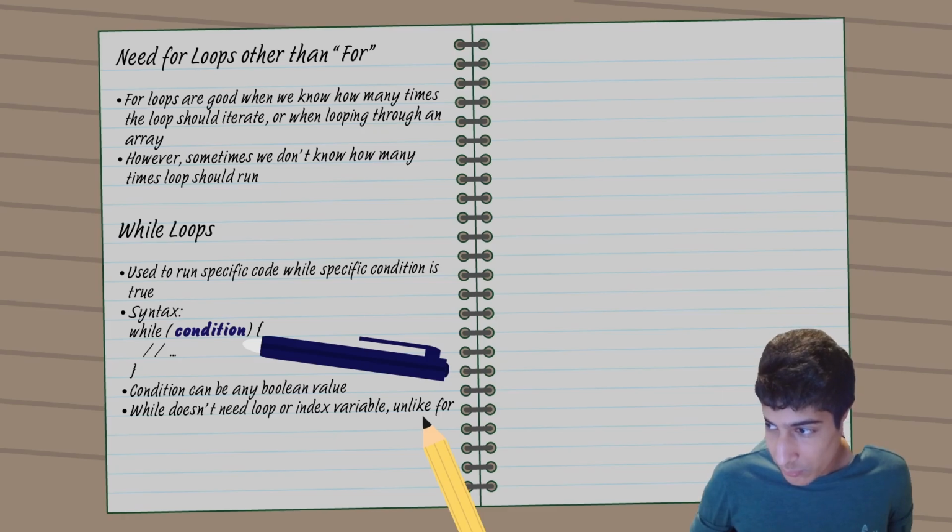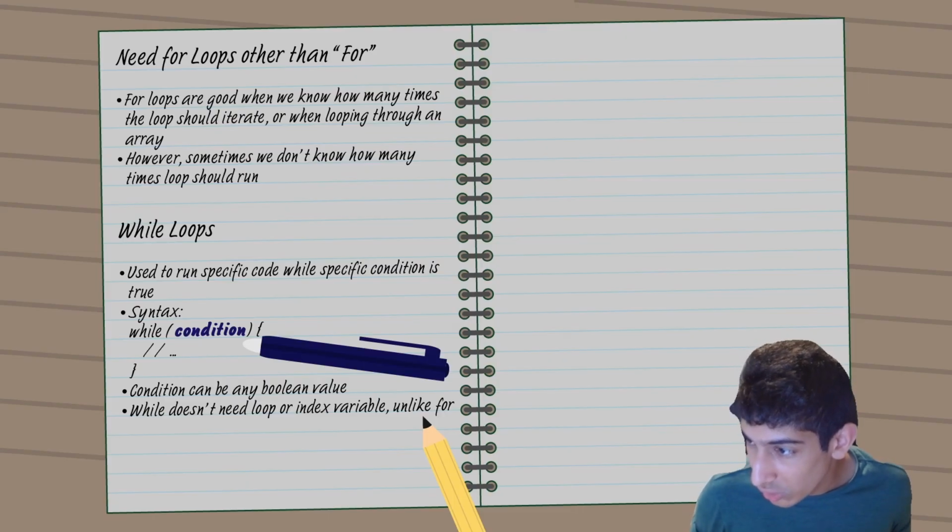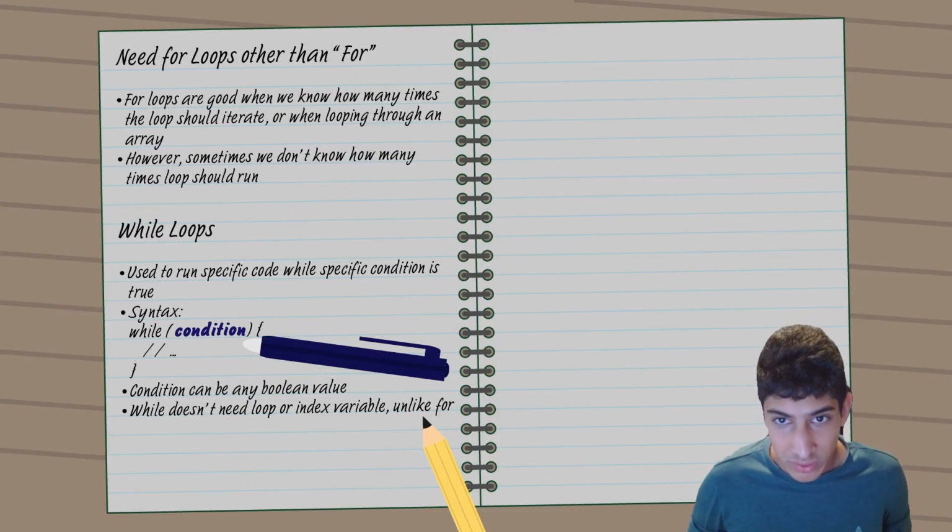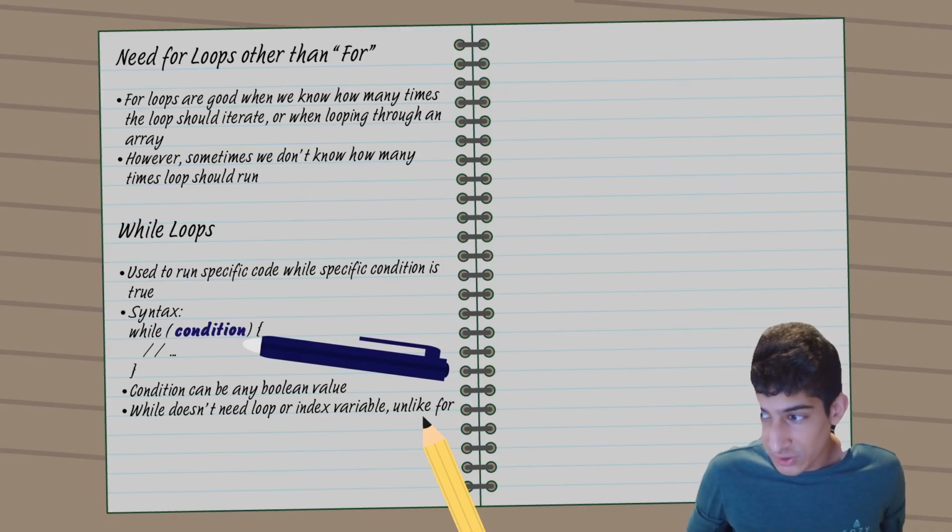And so the way that we can do that effectively is by making use of another type of loop called a while loop. A while loop is used to run specific code solely based on whether a given condition is true.